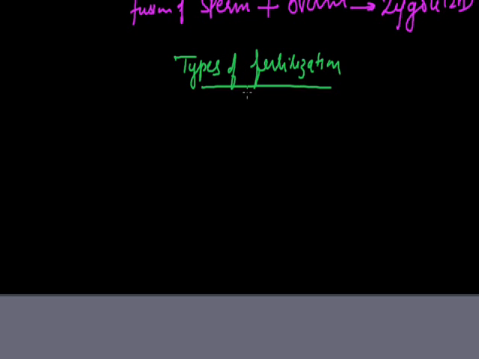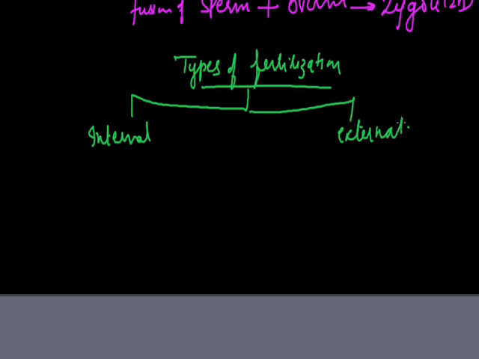Fertilization can be of two types: internal or external. Internal fertilization is the fertilization which occurs inside the female body. On the other hand, external fertilization occurs outside the body of the female.